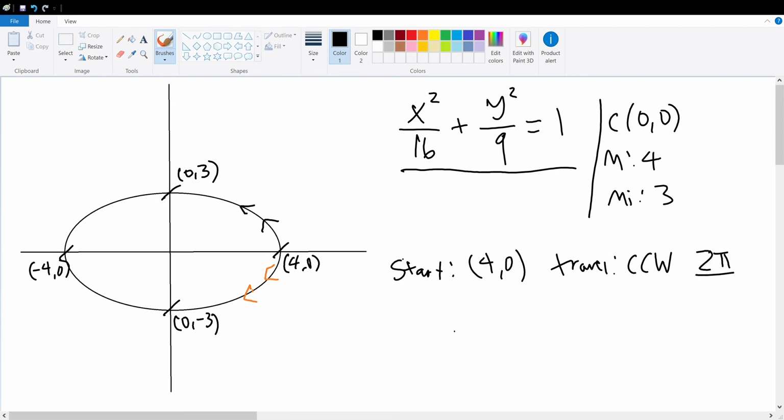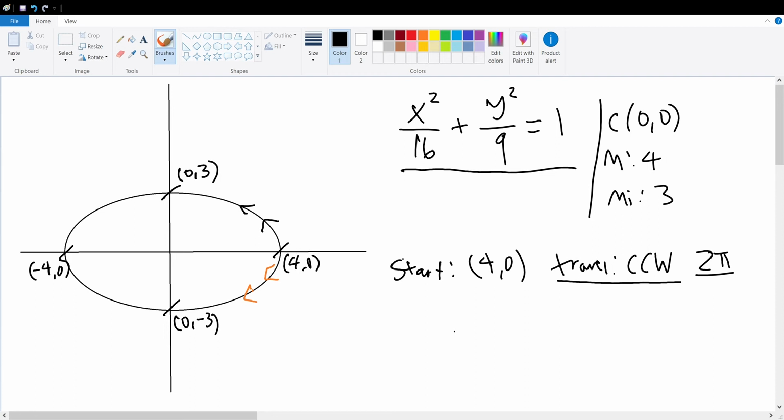With a 2 pi rotation, that means it will rotate counterclockwise all the way back to 4, 0, its starting point. And the reason I can say the example will travel counterclockwise is because parameterized values have directions. Therefore, this applies to this ellipse as well.